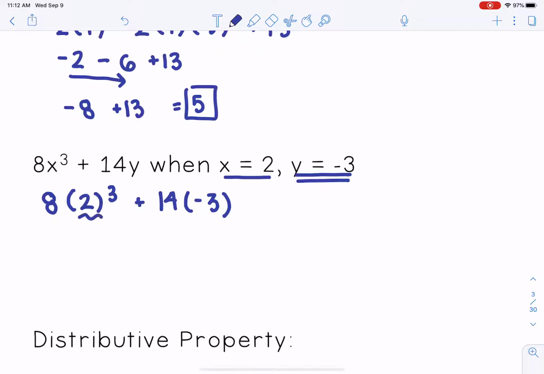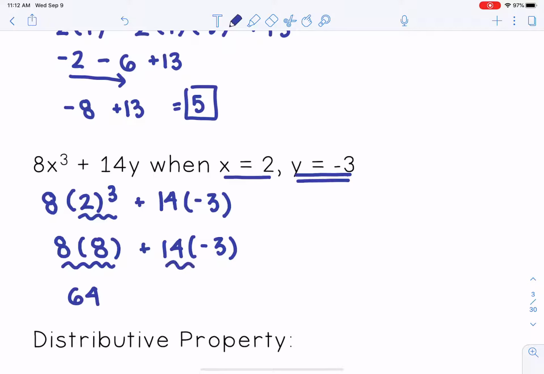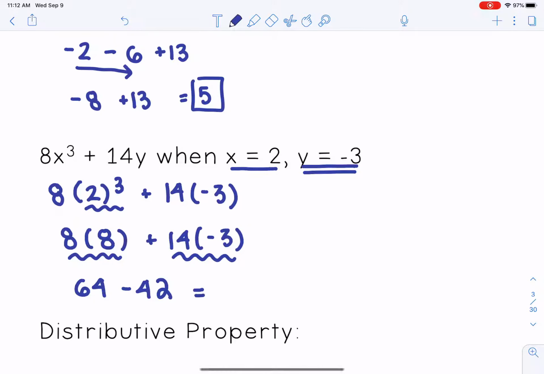I see this 2 cubed. 2 cubed is 8, so 8 times 8 plus 14 times negative 3. Now I'm going to look for multiplication. I see an 8 times 8, that's 64. A 14 times negative 3, that's negative 42. Now I'm going to add and subtract. So 64 minus 42 is 22.